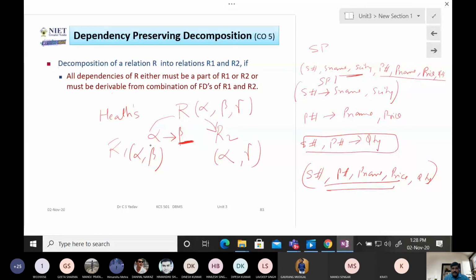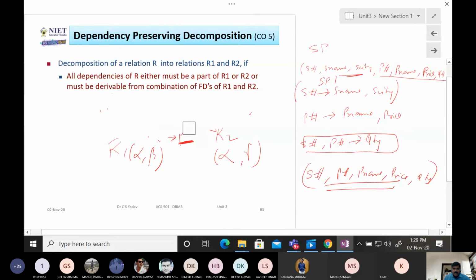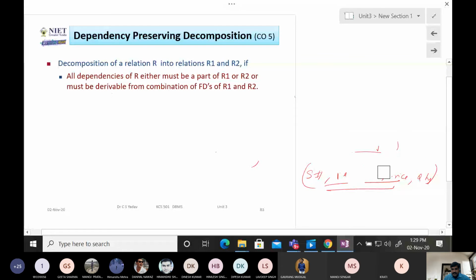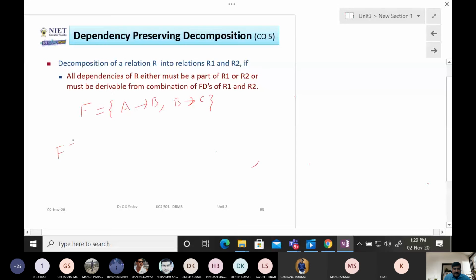Let us suppose we have a functional dependency set F, and in F we have A determines B and B determines C. Find the closure of F. Then A determines B, B determines C, and then by the transitive relation A determines C. Then A determines A, B determines B, C determines C through the reflexivity rule.